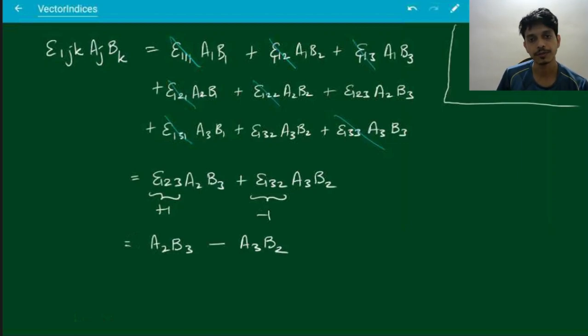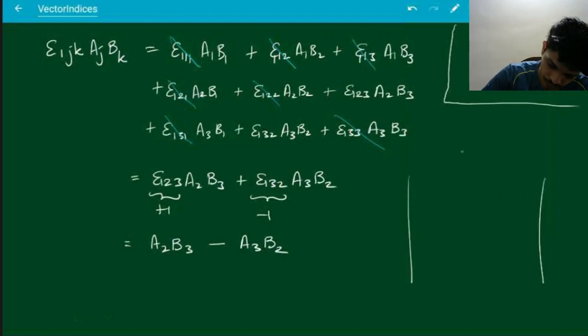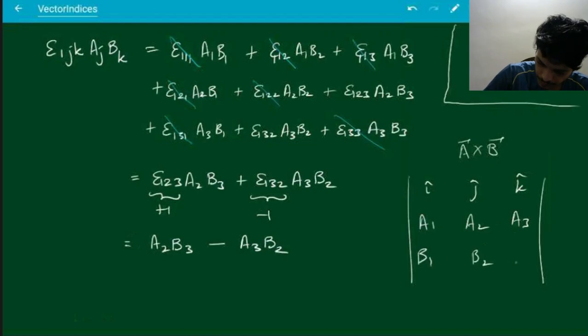Does this look familiar to you? Does this remind you of what happens when you take a cross product? Suppose you took A cross B, then you would write i, j, k, and then A1, A2, A3, B1, B2, B3.